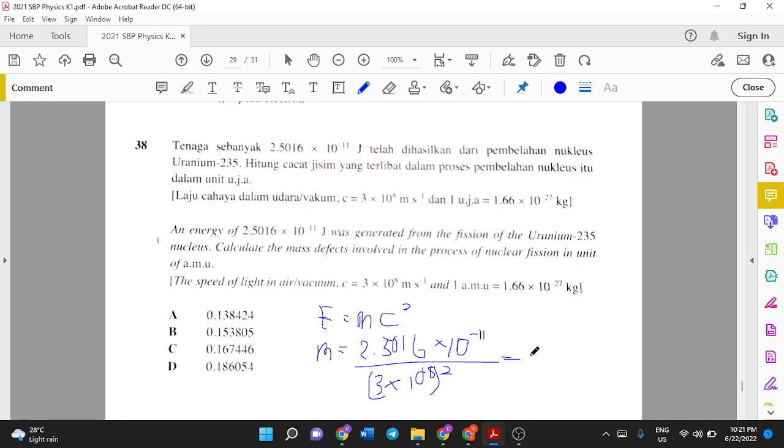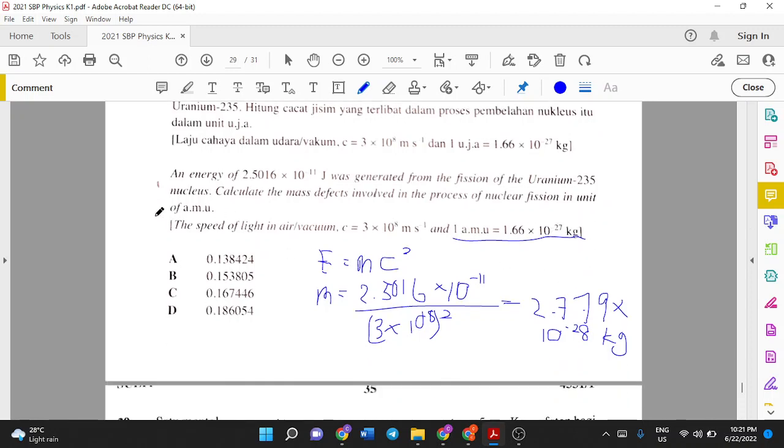You will get 2.779 times 10 power negative 28. So this is your mass in kg. 1 AMU equals 1.66 times 10 power negative 27 kg.